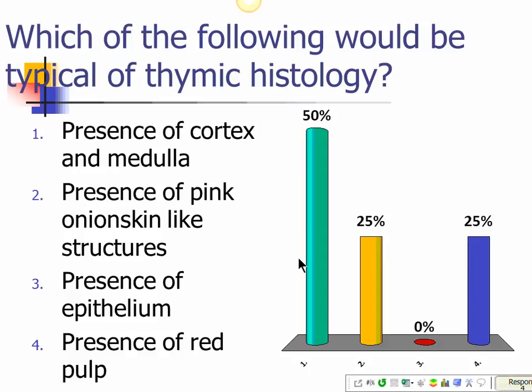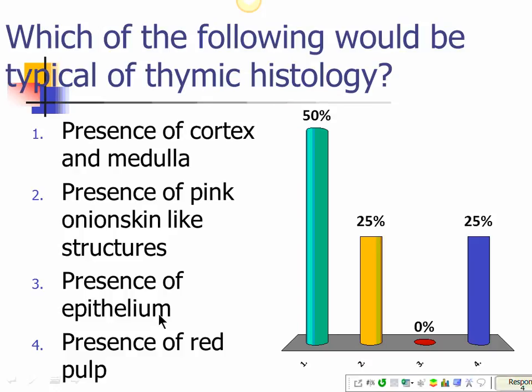Okay, the correct answer is number 2. And here's why. The thymus does have cortex and medulla. But remember, the lymph node also has cortex and medulla. So it's not typical of the thymus because the lymph node also has cortex and medulla. The presence of those pink onion skin-like structures, remember I told you, Hassall's corpuscles, that is typical of the thymus because that's only present in the thymus.